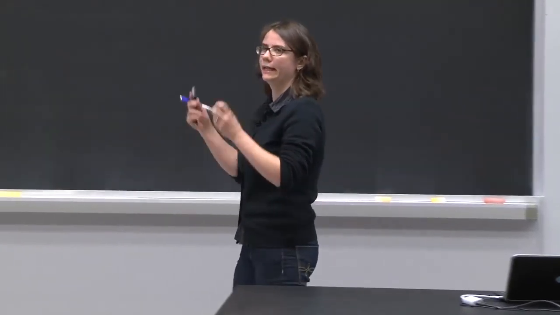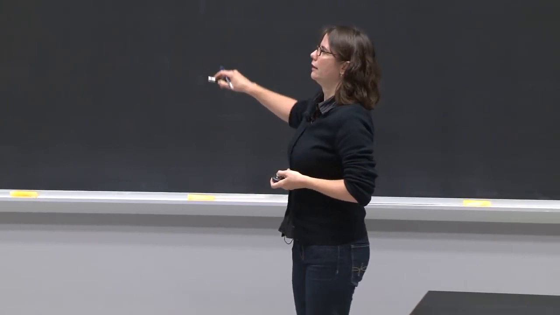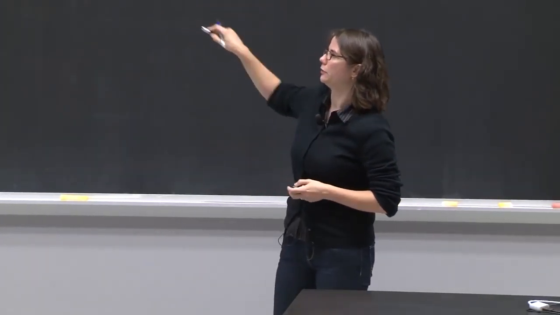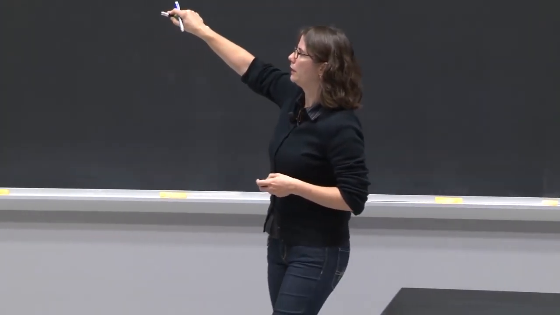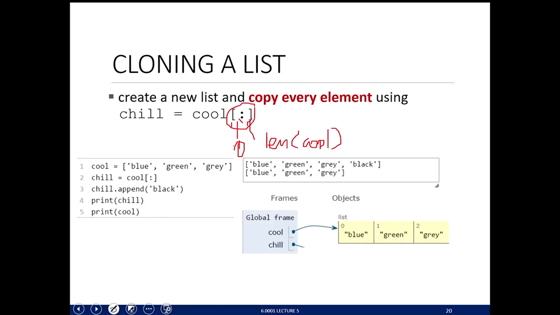But it basically says take every element, create a new list with those exact same elements, and assign it to the variable chill. So here, if I originally have cool is equal to blue, green, gray right here, when I clone it on line 2 with that funky notation, I'm creating a new copy of it.